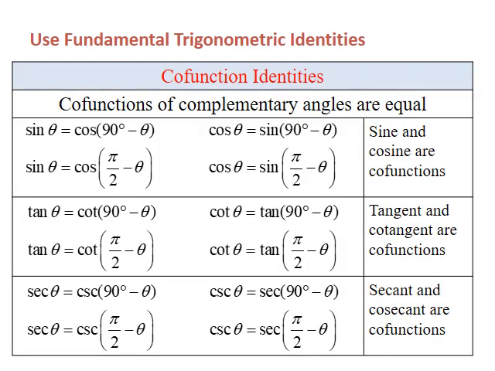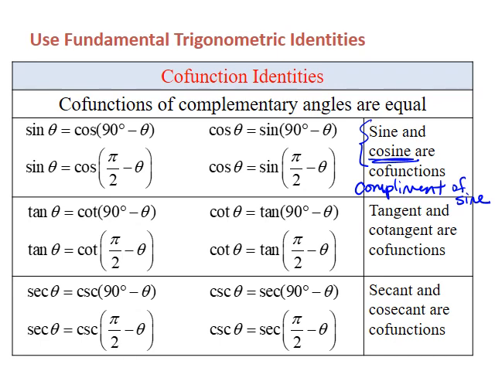Now here we have cofunction identities. And cofunctions basically means the following. If I'm talking about sine and cosine, cosine means the complement of sine.